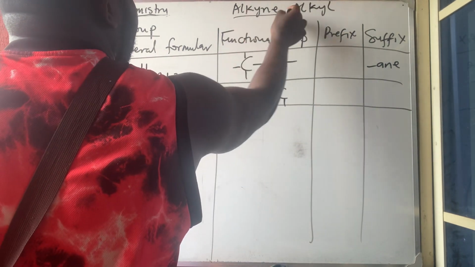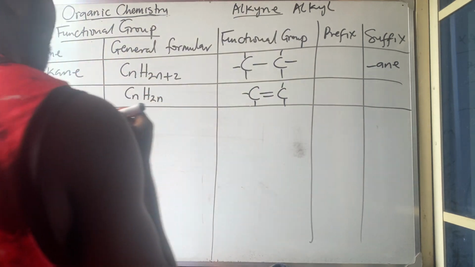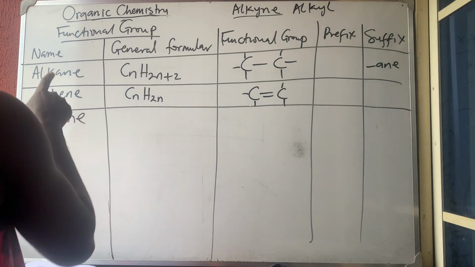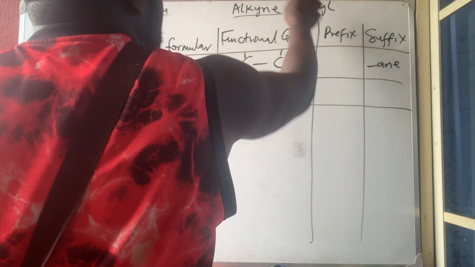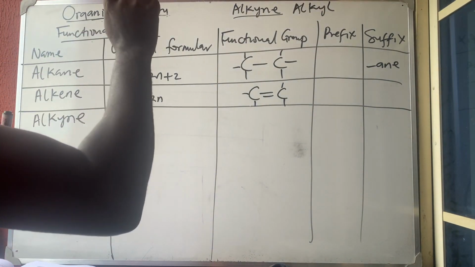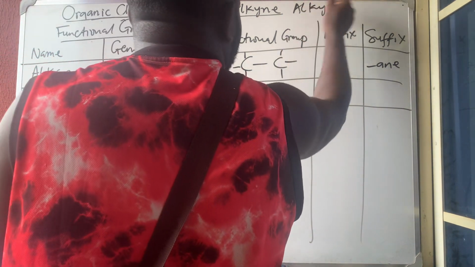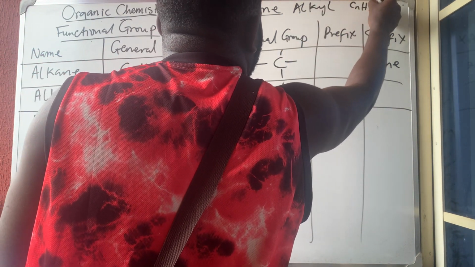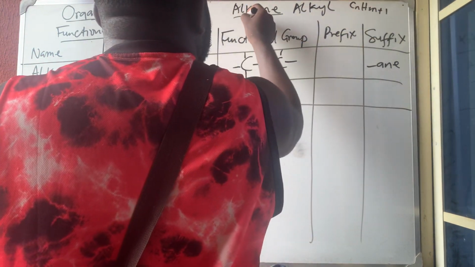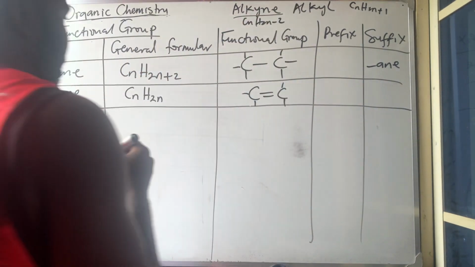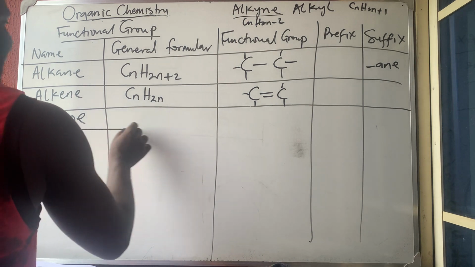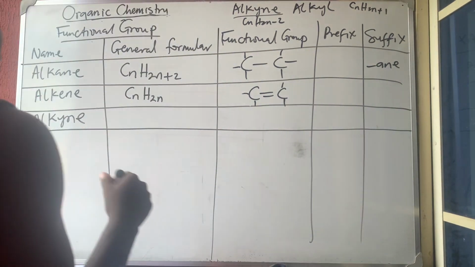Alkyne is gotten from alkene by removing another two hydrogens, but alkyl is gotten from alkane by removing one hydrogen. So the general formula for alkyl is CnH2n+1, but for alkyne it is CnH2n-2. So please know the difference between alkyl and alkyne.